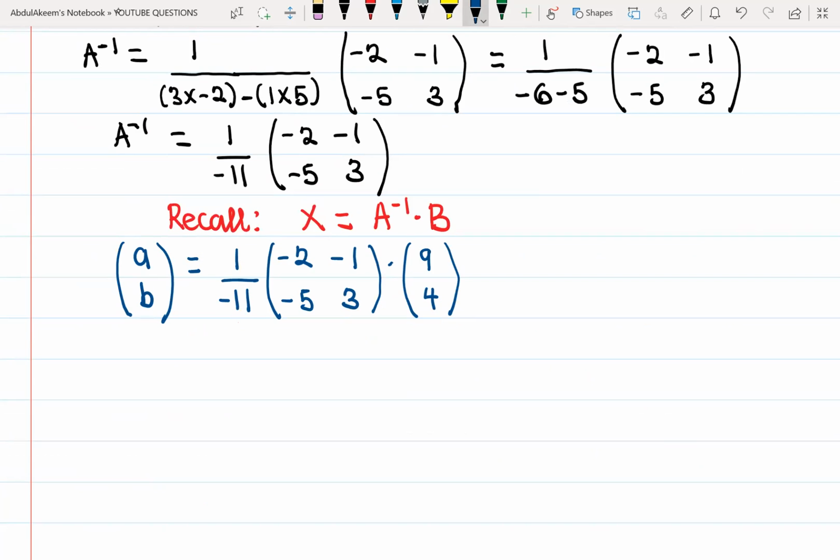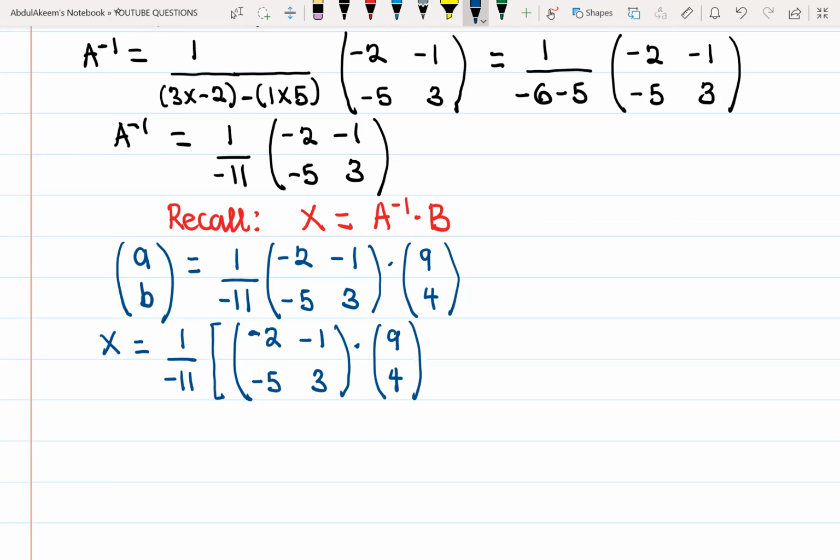So what do I have here now? I can write it as matrix X equals 1 divided by minus 11. Let me multiply the matrix first. That's [-2, -1; -5, 3] times [9; 4]. Under multiplication of matrices, I have 1 divided by minus 11, and I'll multiply everything here by everything here.